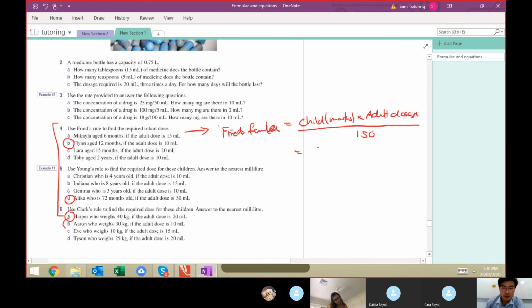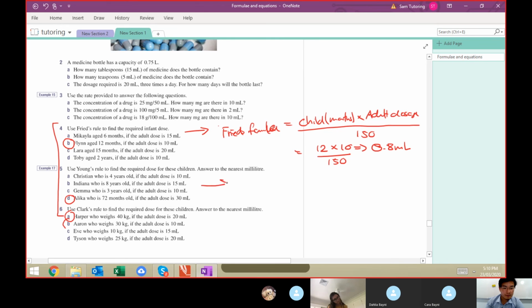It's 12. So you just put 12 times adult dosage, which is 10, divided by 150. What is that? It's 0.8 mils. That's the child's dosage for Freud's formula.